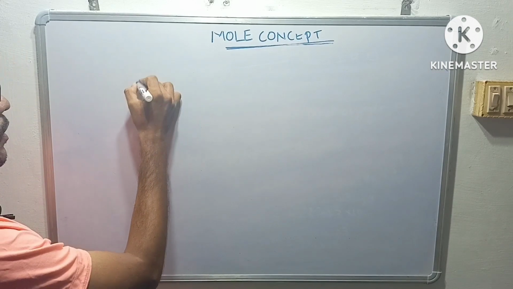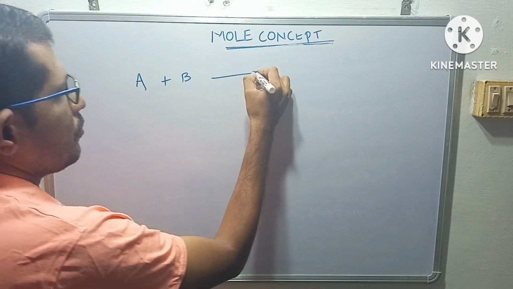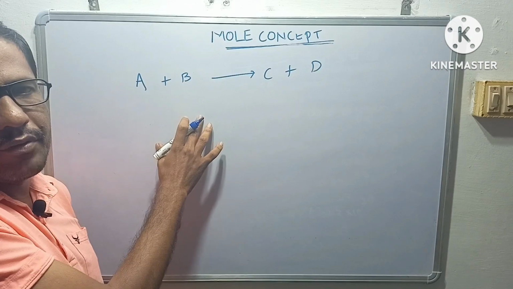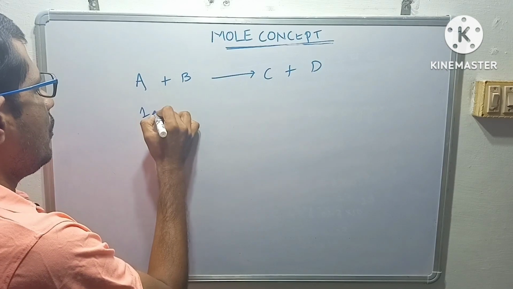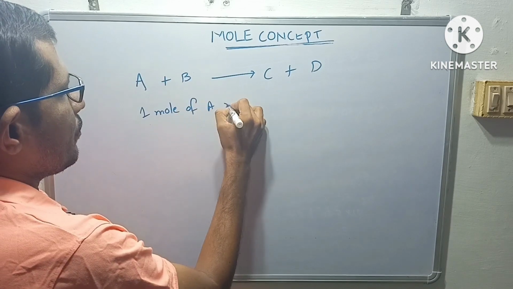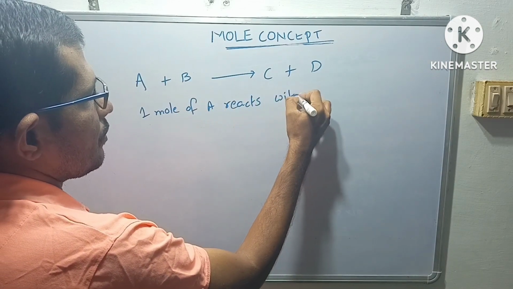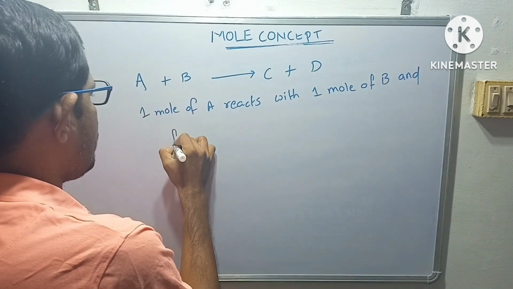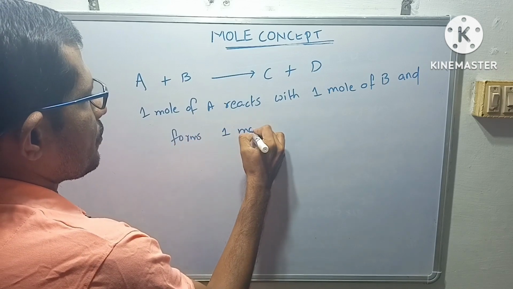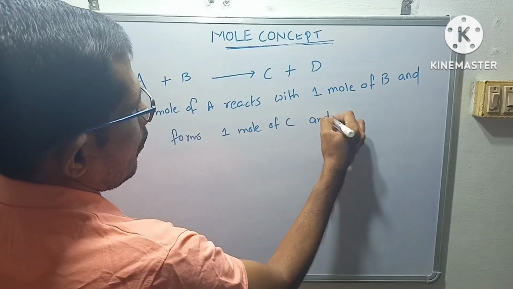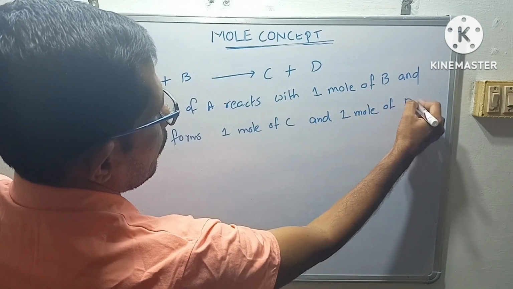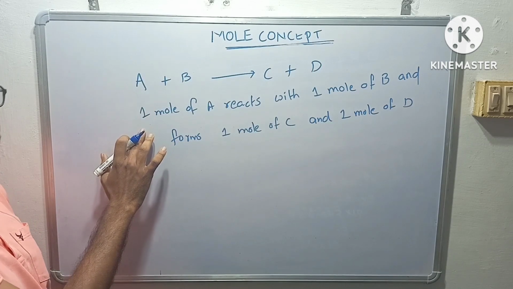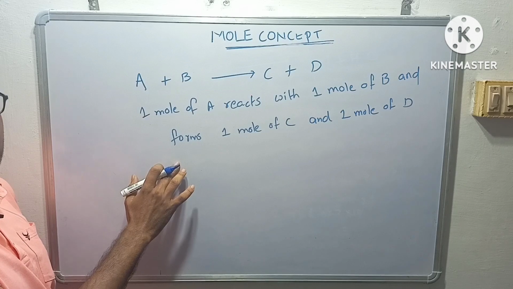I told you A plus B gives rise to C plus D. If the chemical equation is like this, you need to assume 1 mole of A reacts with 1 mole of B and forms 1 mole of C and 1 mole of D. Nothing is there, so we need to assume 1 over here.